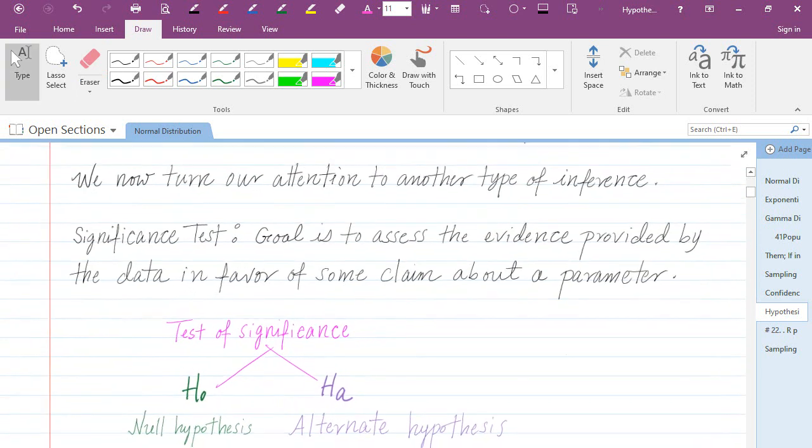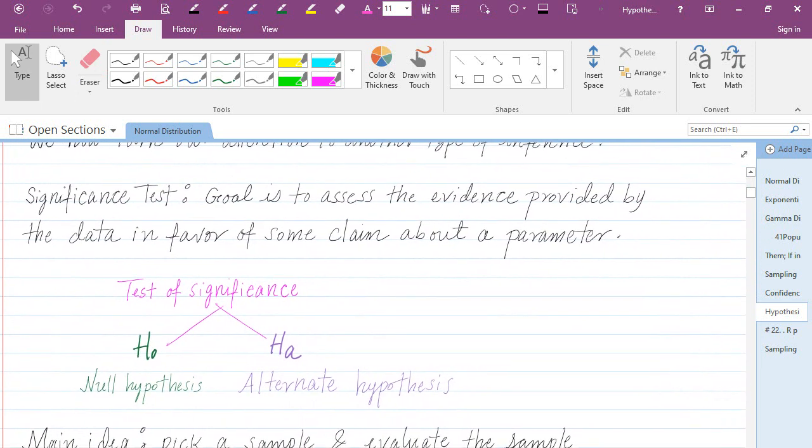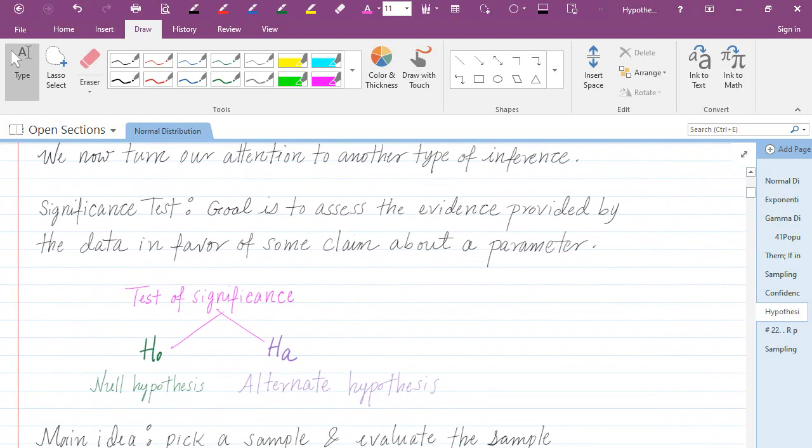And in a test of significance, the goal is to assess the evidence provided by the data in favor of some claim or statement about a parameter.